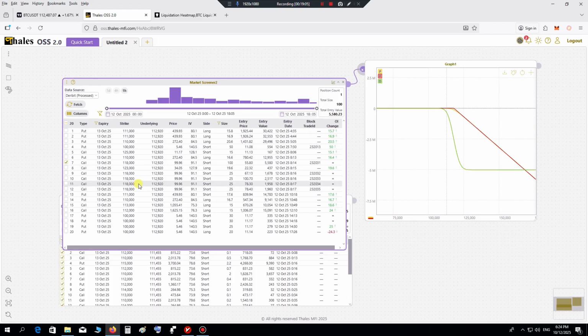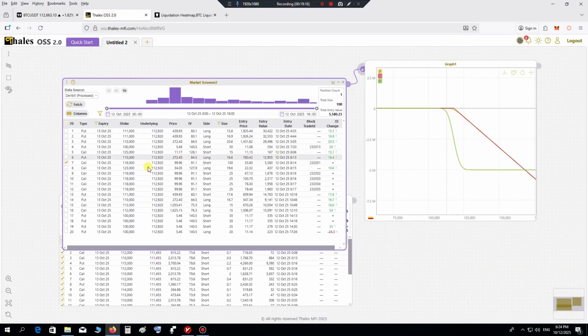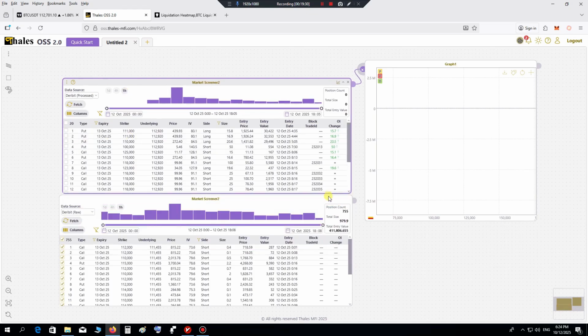So that's 200 Bitcoin, plus the previous 100, making it 300 Bitcoin, seeing 118 as the ceiling. It's possible we might see a bit higher, like 116. Here, we have two blocks of 30 Bitcoin, again short puts at 100,000. So, we can still interpret the same strategy, the scenario.